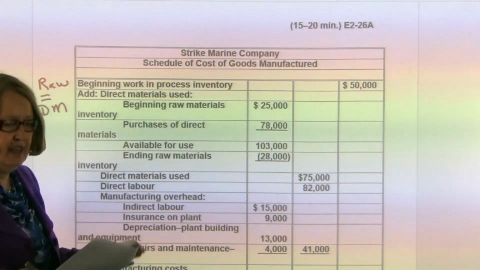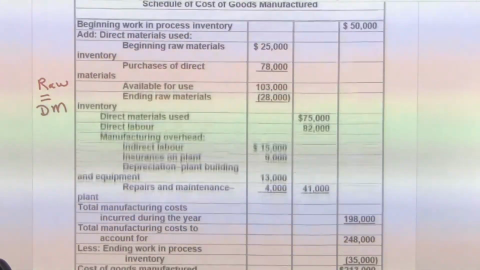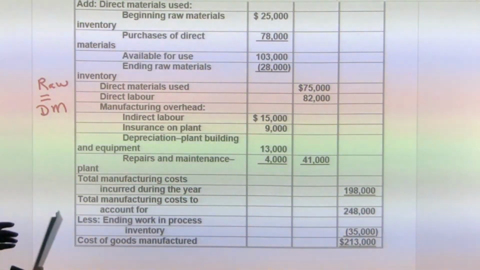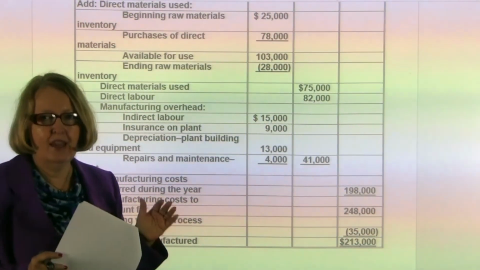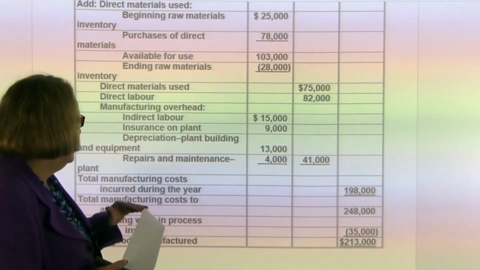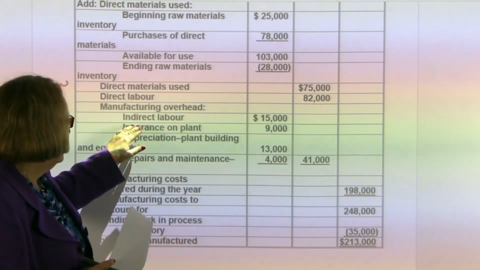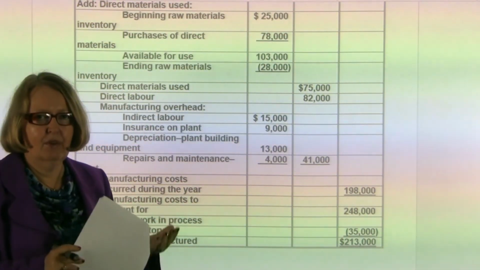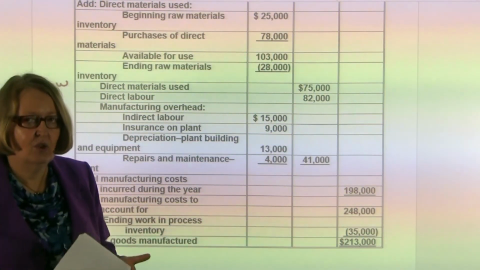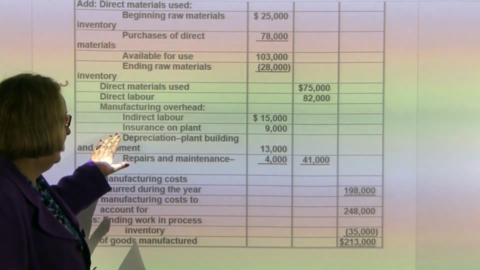Now the next thing that you want to calculate is your manufacturing overhead. Your manufacturing overhead is not going to be identical for every problem that you look at, but there are some similarities. So here you have indirect labor. That could be the labor, for example, for the supervisor, for the janitorial staff, etc. Then insurance on the plant.